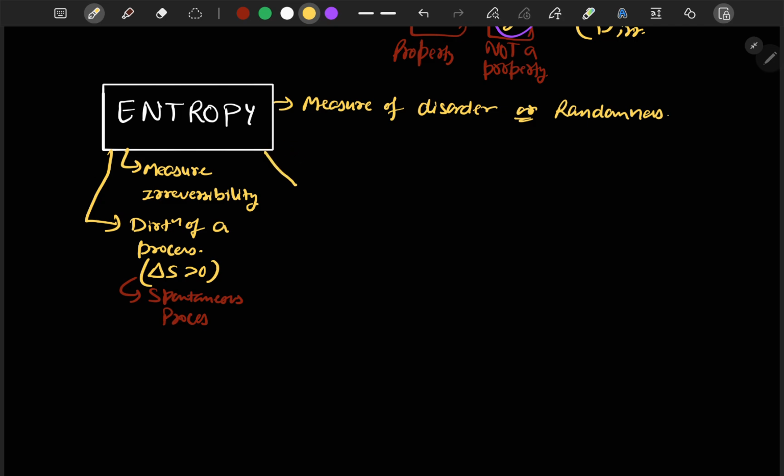Next, entropy limits engine efficiency. Ideally the engine efficiency should be 100%. But due to the presence of entropy, 100% efficiency cannot be obtained, because there will always be some friction present in the system.